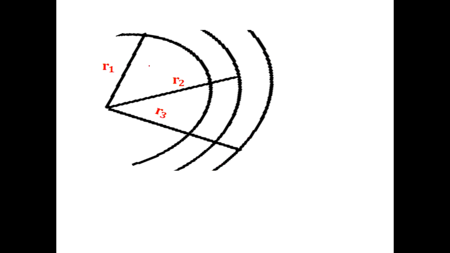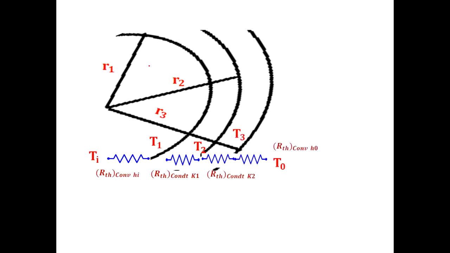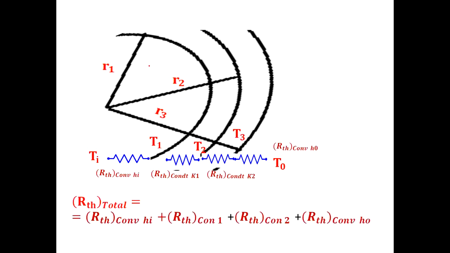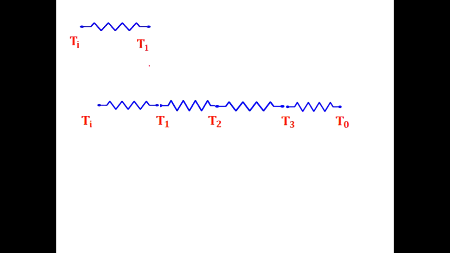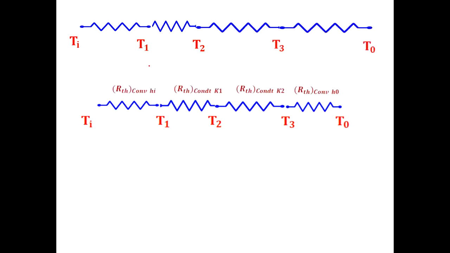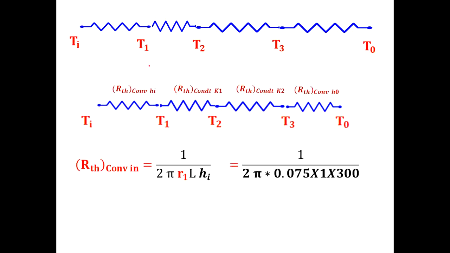Thermal resistance, how it will be there, just observe. Conduction K1, K2, thermal resistance due to convection. The total thermal resistance will be like this: Ti to T1, T1 to T2, T2 to T3, T3 to T0. Therefore R hi, K1, K2 and h0. Thermal resistance due to convection at inlet is equal to this one. Please substitute in the formula.